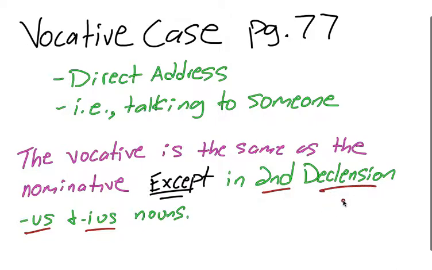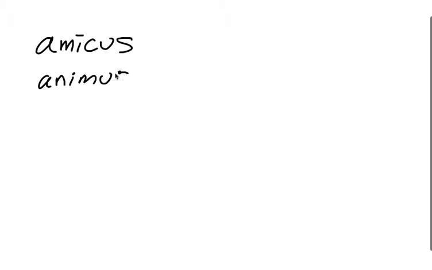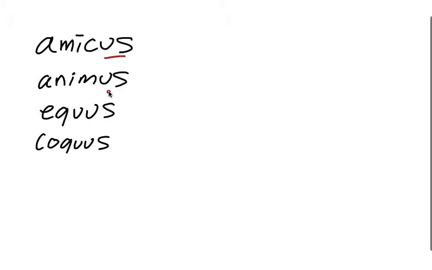Okay, so let me give you some examples of those. Okay, here's an example. Amicus or animus or equus or coquus. Okay, those are all second declension nouns that end in US.